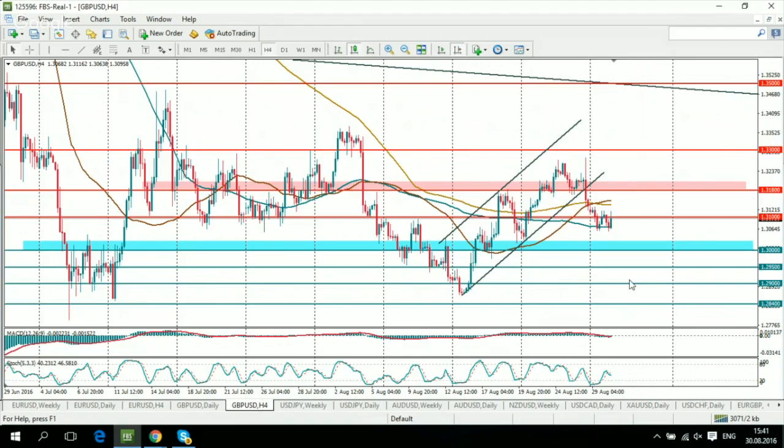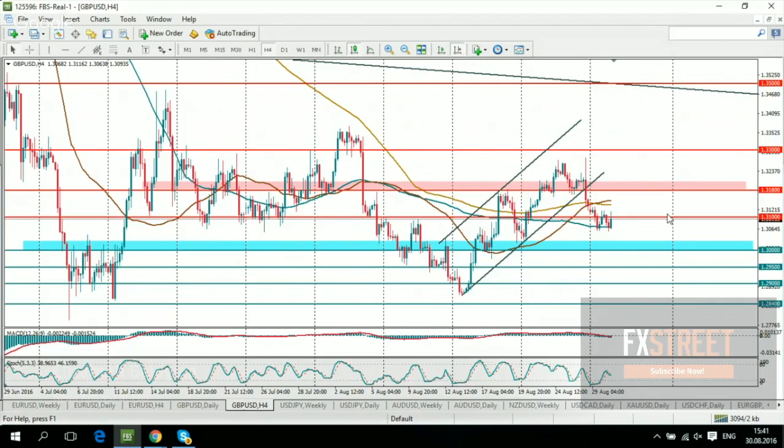Of course, many analysts and traders think that the Bank of England may continue reducing interest rates at the upcoming meetings. For now, I think this is not a big driver of the forex market. We don't see any comments from the Bank of England which would move the market.